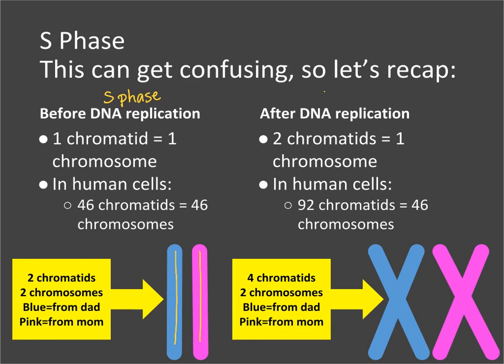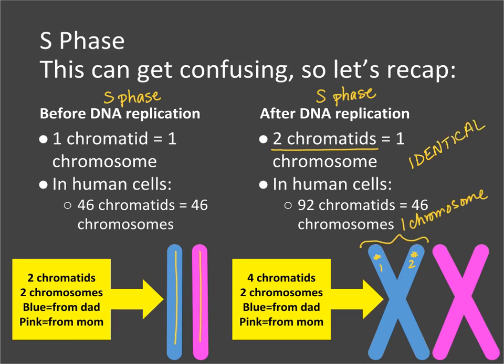After DNA replication, after the S phase, these linear chromosomes start to look like an X. That's because each chromosome is now made up of two sister chromatids. So this is still considered one chromosome, but it's made up of two sister chromatids. Now, these sister chromatids are identical, because one arm is literally an exact copy of the other arm. So each one of these chromatids is identical.